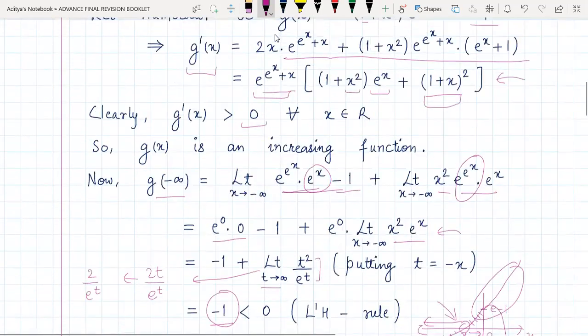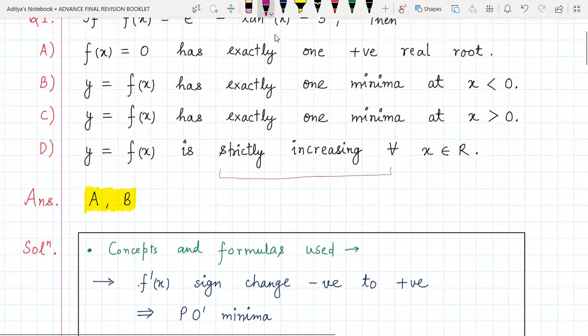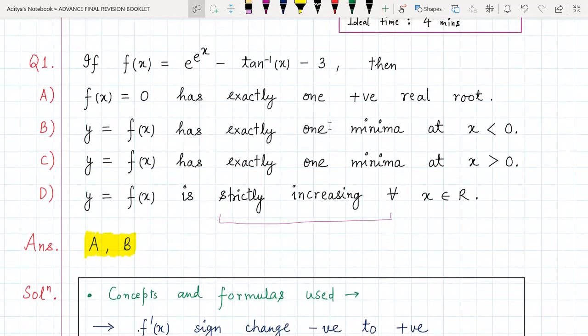So we can say that no minima shall exist for positive x, because there it is an increasing function in this particular interval. Now it has exactly one minima for negative x. So yes, that's true. As we have already seen, x1 is a negative quantity, so B option would be correct. And one positive root, obviously that would be correct, as we have already seen.